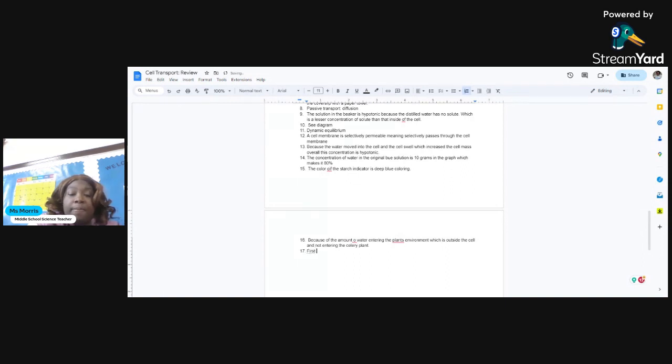First off, it would make the environment hypertonic for organisms, okay? And there would be a water loss and could eventually cause the organism to die.